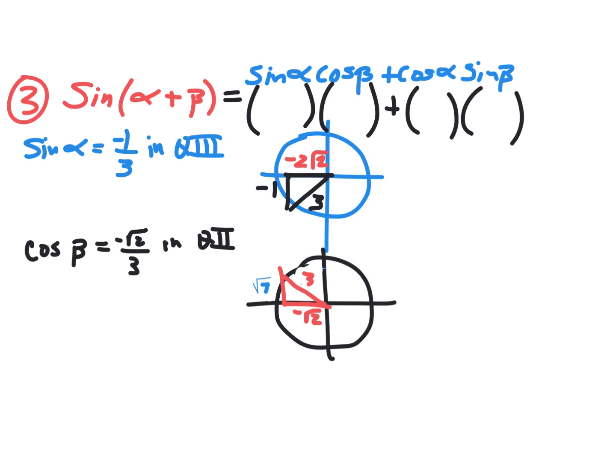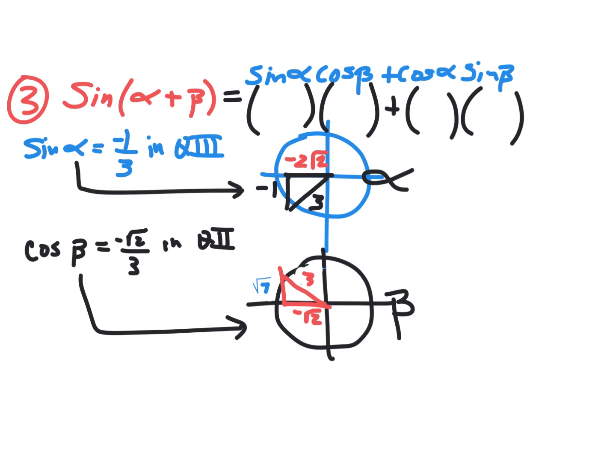All right, so here's our alpha drawing, and here's our beta drawing. Now, sine of the alpha one is opposite over hypotenuse, and that seems familiar. Oh, look at that. It tells us sine right there. Sine of the alpha is -1 over 3. Cosine of the beta, that's this drawing.